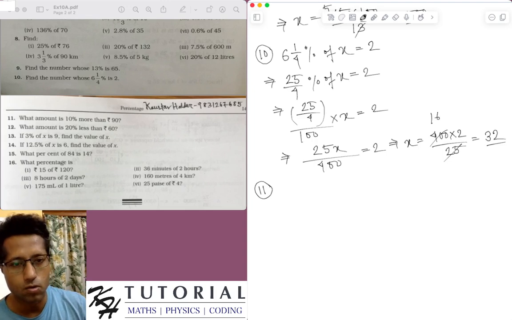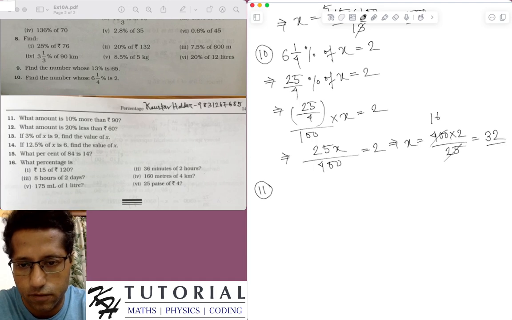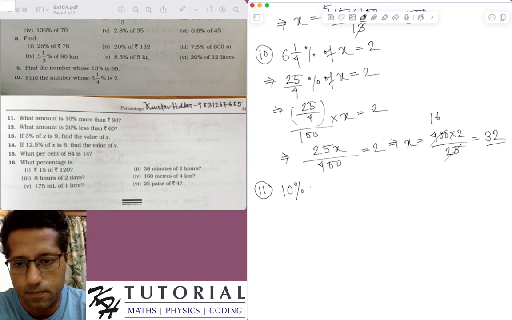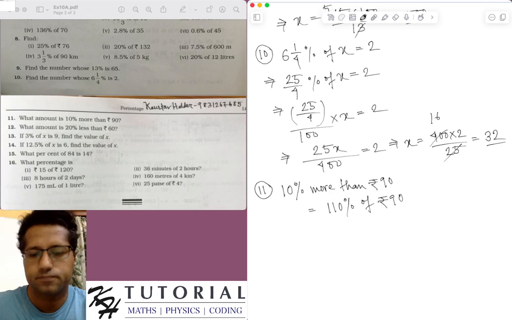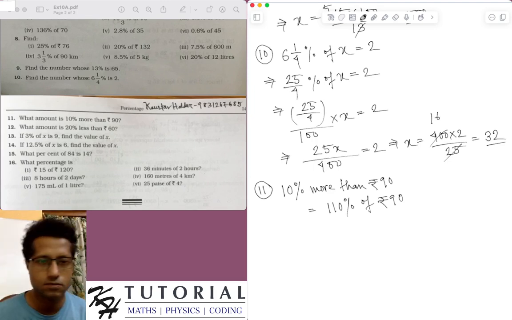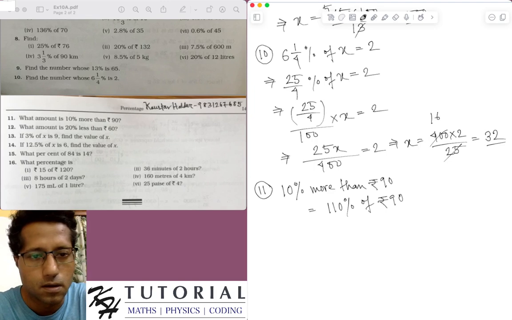Now, 10% more than rupees 90 means, these are word problems, this is the word language you have to understand very carefully. 10% more than rupees 90 is equal to 110% of rupees 90. 10% more means 110%.